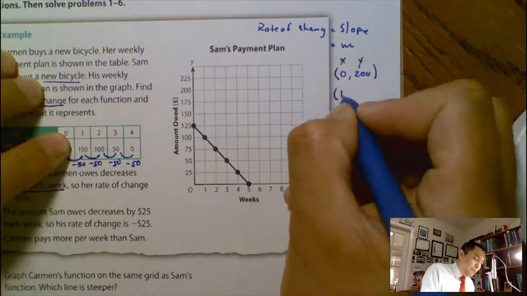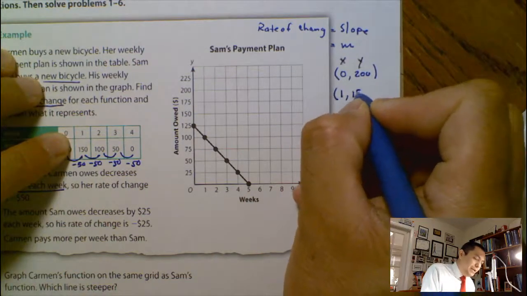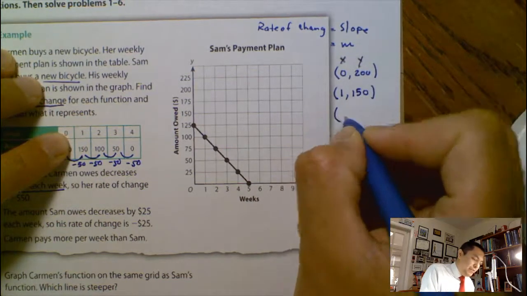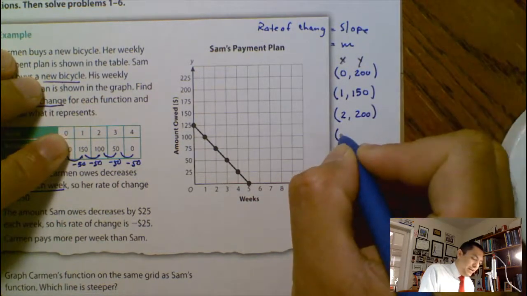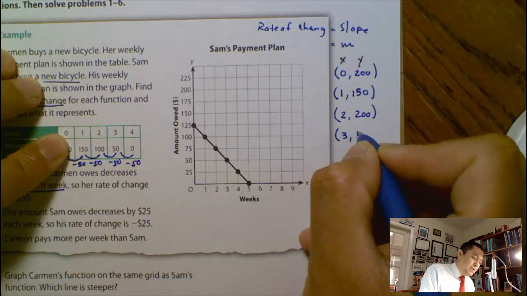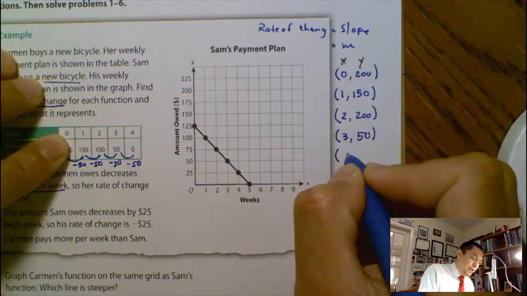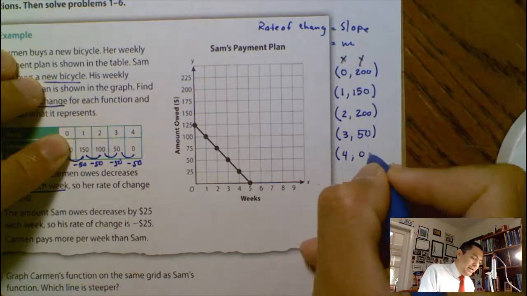The second one is 1 and 150. The third one is 2 and 100. The next one is 3 and 50, and the last one is 4 and 0.